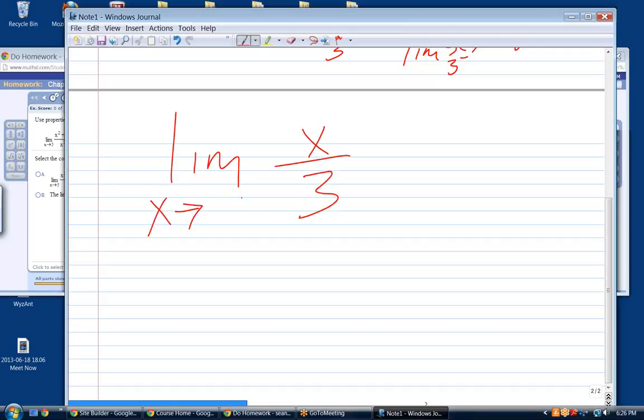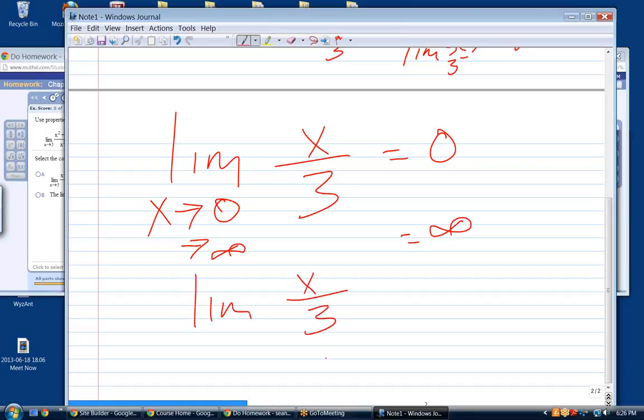In other words, direct substitution, but what is it as x goes to 0? That'd be 0. Okay, and as x goes to infinity, the limit is infinity.